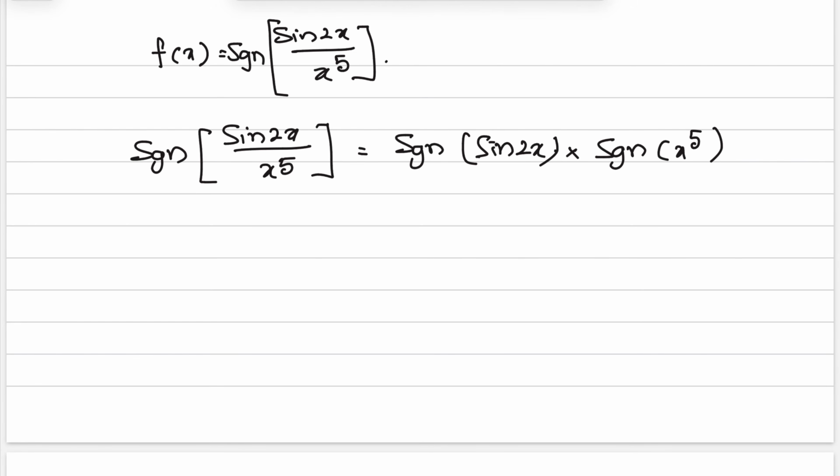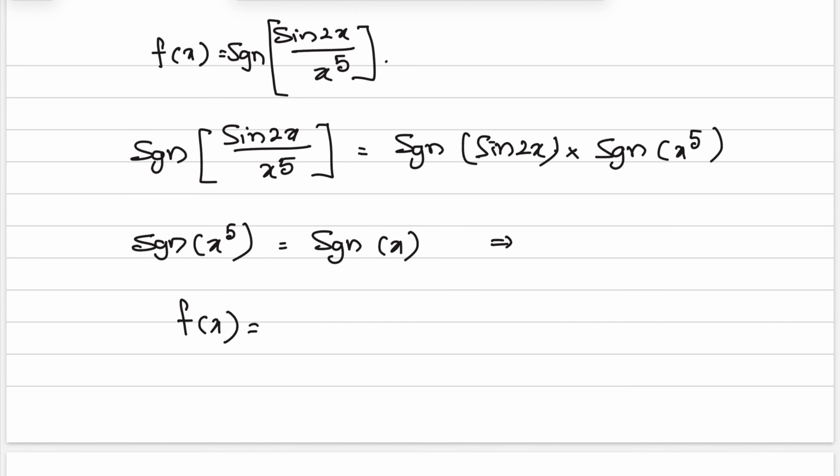What is the value of signum x to the power of 5? That is nothing but signum x, because x to the power of 5 is negative and x is also negative. Hence, from these two, how do we write function x?